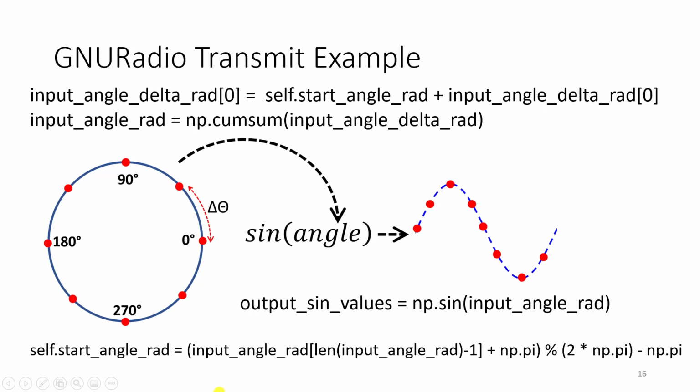And so we do that with this statement down here, and that's all this is. It's just wrapping this back around the unit circle so this angle value doesn't get too big, which can cause stability problems, especially with floating point.